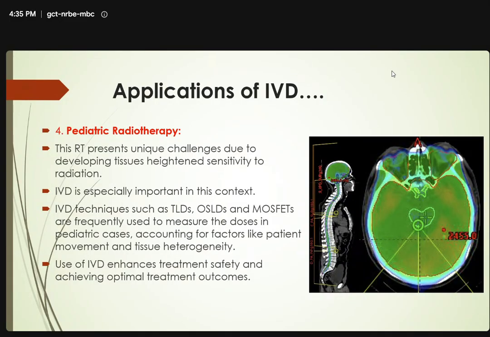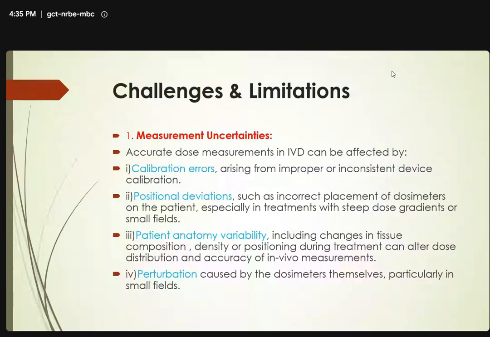Techniques such as TLD, OSLD, and MOSFETs are frequently used to measure the doses in pediatric cases, accounting for factors like patient movement and tissue heterogeneity. Use of in vivo dosimetry enhances the treatment safety and achieving optimal treatment outcomes. So we can say that in vivo dosimetry is very useful in pediatric radiotherapy cases.